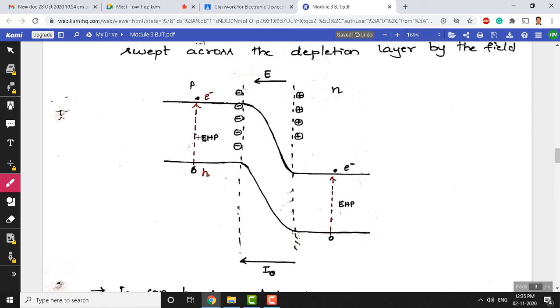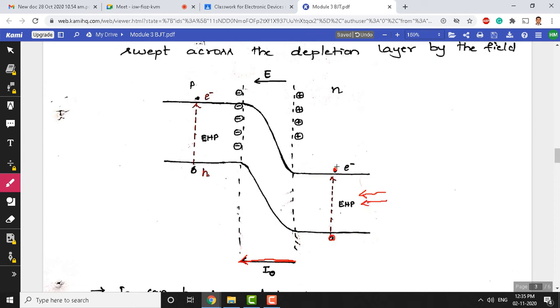Look at the energy band diagram. In the energy band diagram we can give the same explanation. This is the I naught current that flows from N to P due to the reverse biased junction, and these are electron hole pairs created due to the photons injected when the photons are made to fall on the junction surface, the PN junction area.